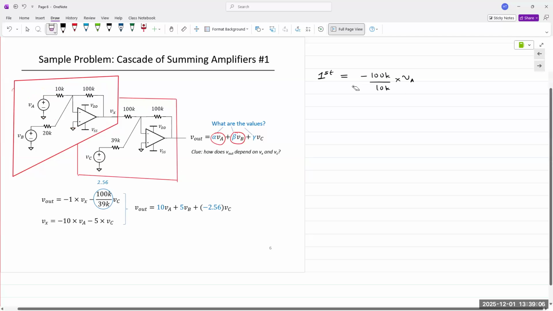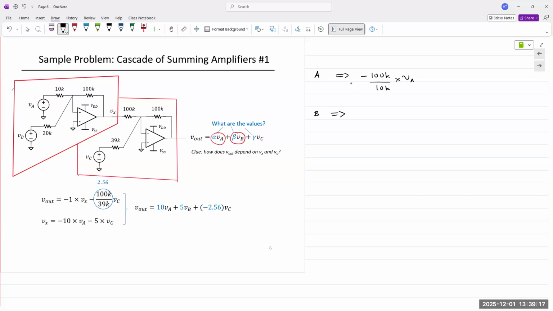How about VB? What do we have for B? Minus 100K over 20K times VB.